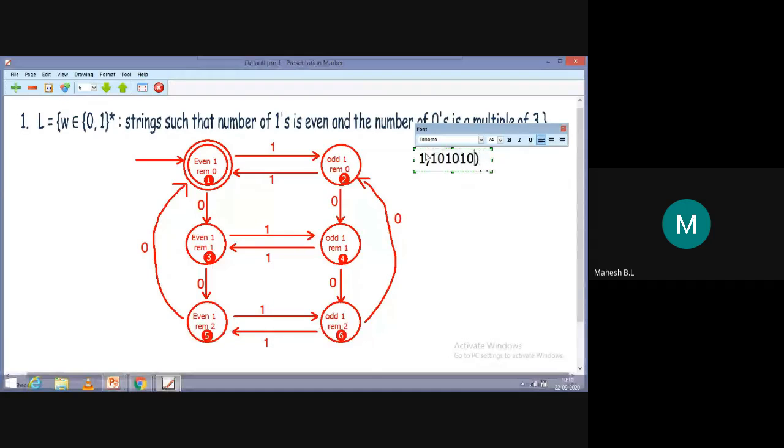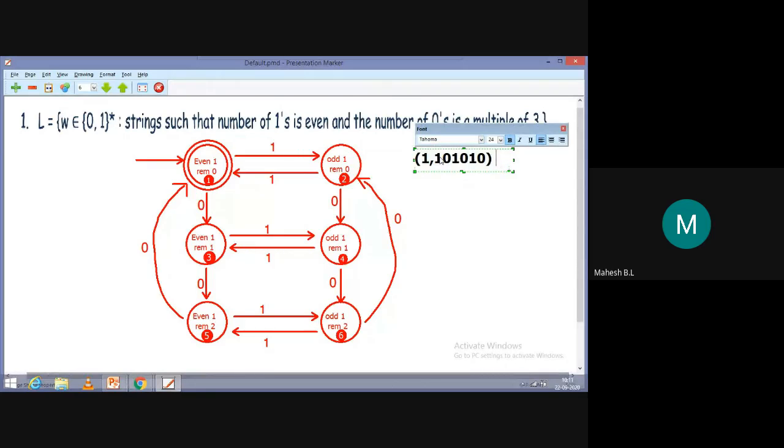Here this represents the state and the next one represents the string. This is the configuration. Initially you are in state 1, and this is the input that is remaining to be read. So this is the initial configuration.